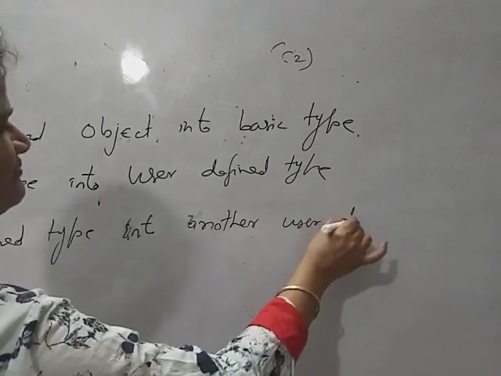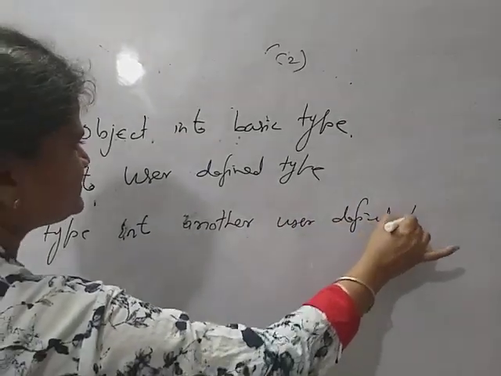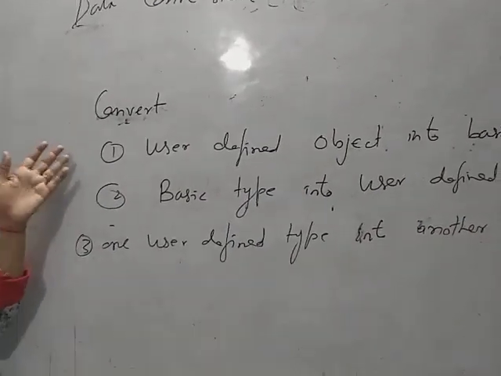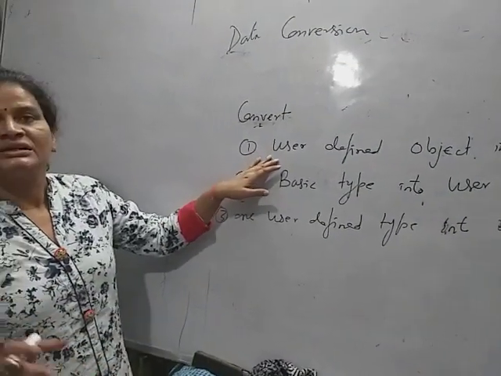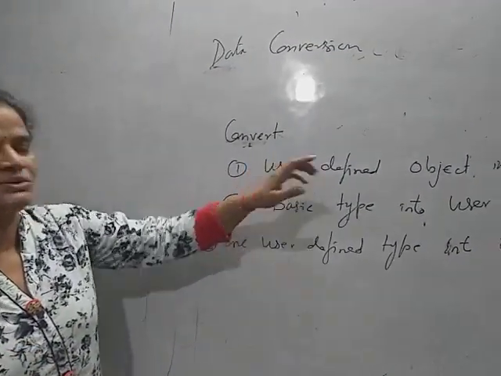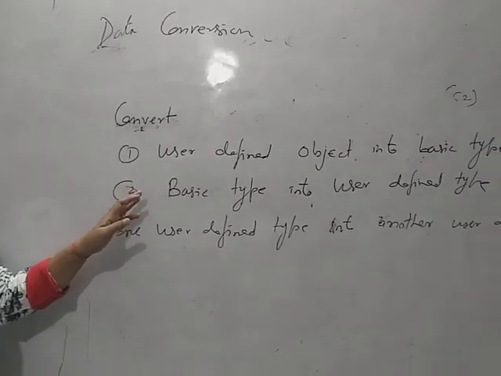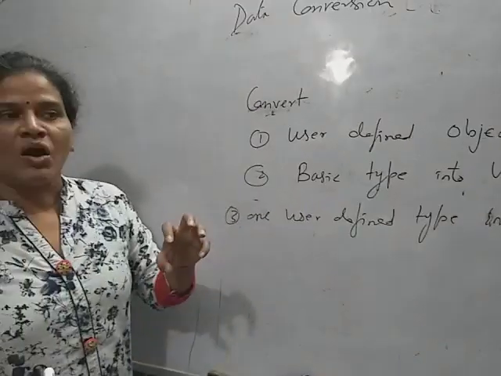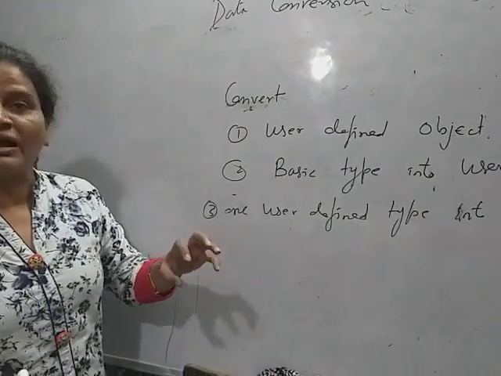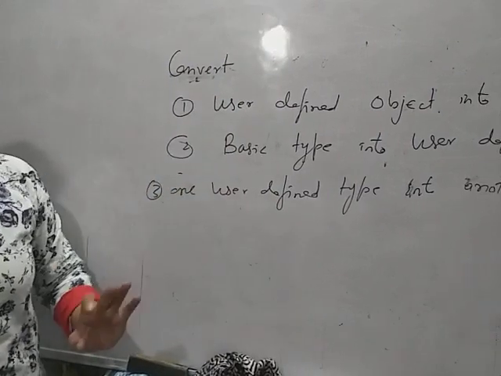So the type conversion can be performed either to convert a user defined object into a basic type, or to convert a basic type into a user defined type, or to convert an object of one class into an object of another class.